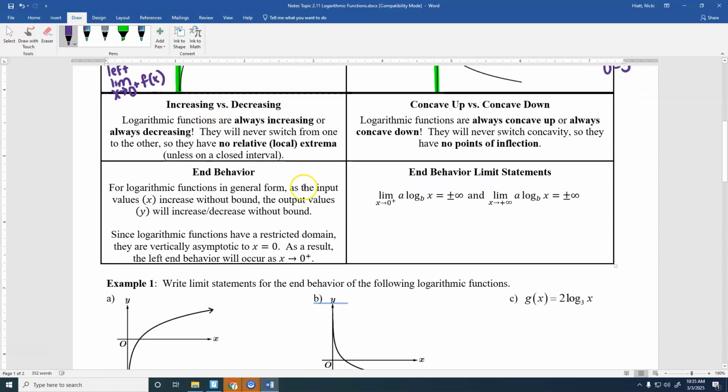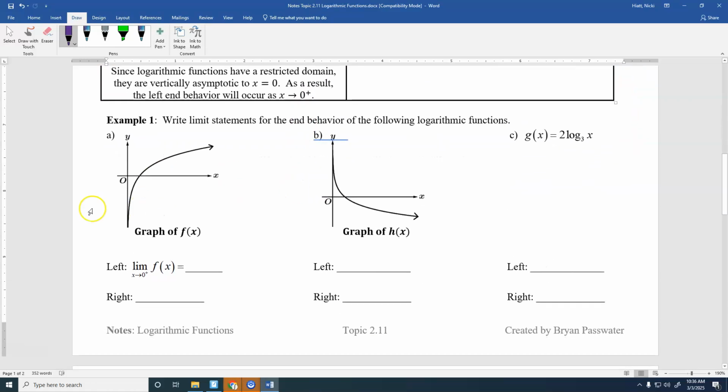So let's look at limit statements for these. They kind of help us out a little bit on A right here. They say the limit as x approaches 0 from the right. That is our right limit statement. Alejandro, whenever I'm looking at that there, what are my y values doing as I go to the left side?